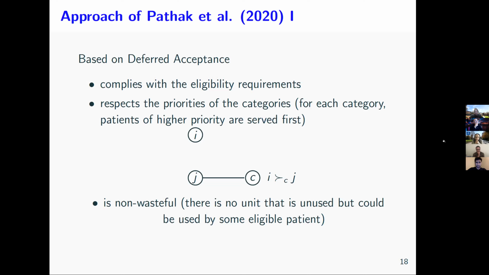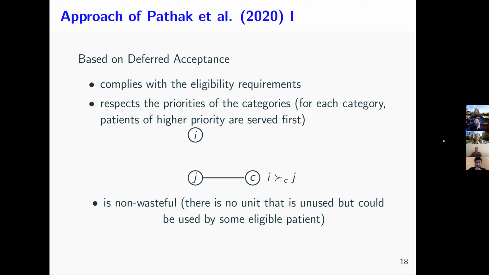Secondly, the outcome respects priorities of the categories, which means that you do not have a situation in the figure in the middle of the page where you have agent i who is unmatched, agent j is matched to category c, but it turns out that category c has a higher priority for agent i over agent j.